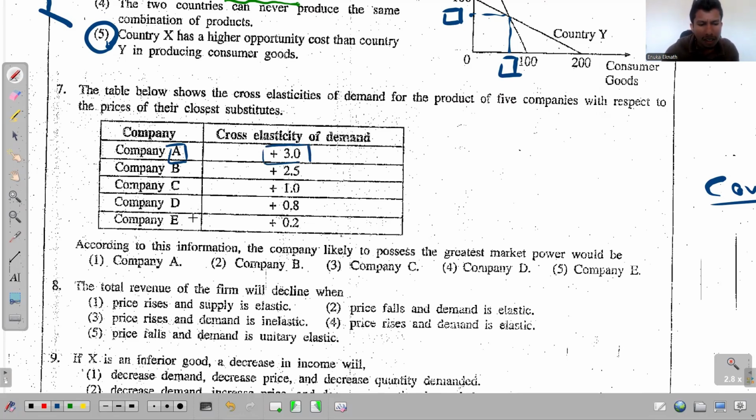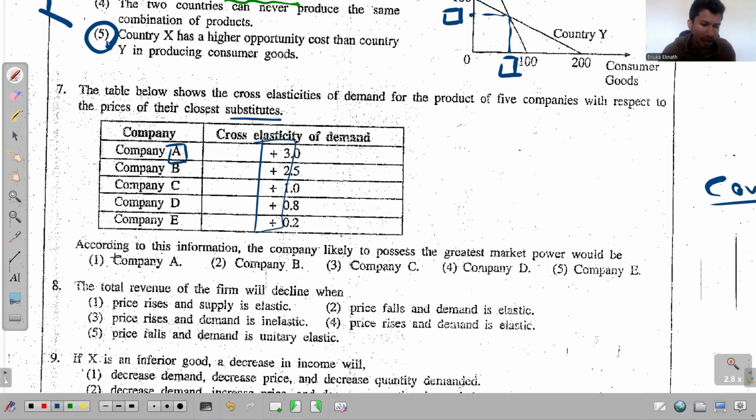So company B, C, D, E, we get all the 5 companies and the values are also visible. Since all these values are positive, yes, we can understand that they have considered substitutes when calculating this CED, cross price elasticity of demand, right?